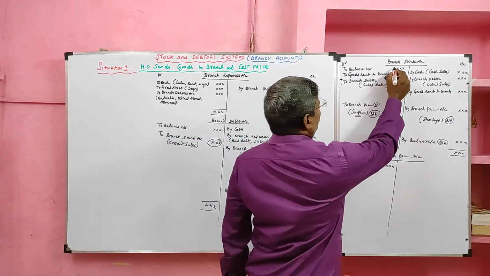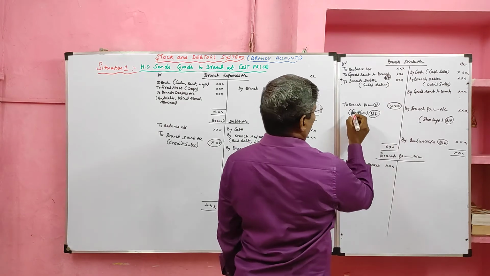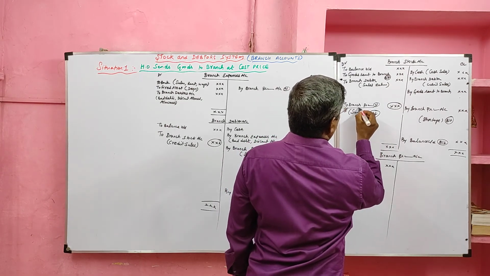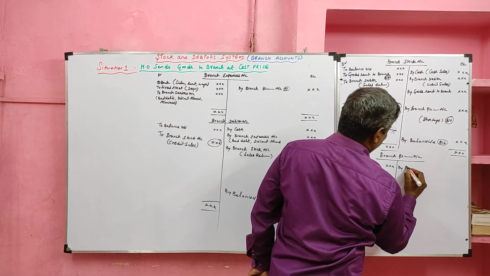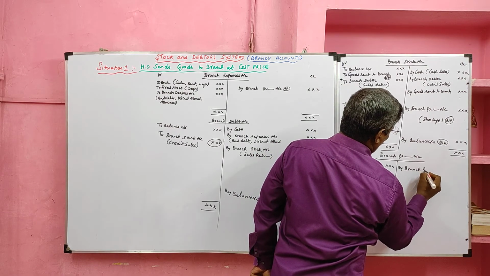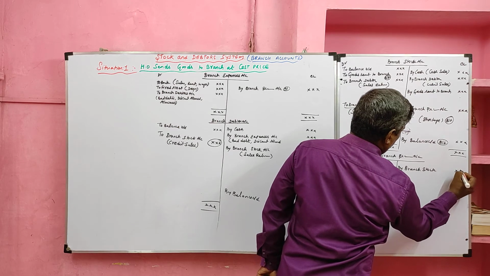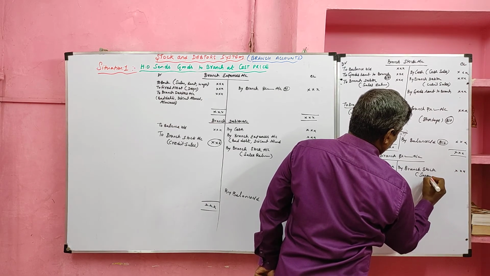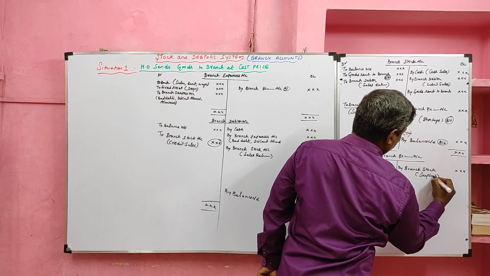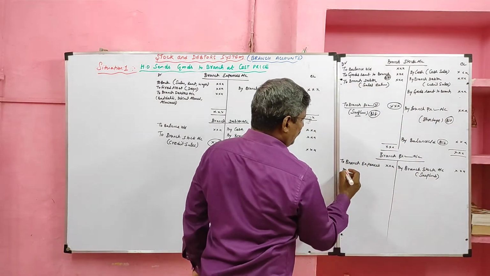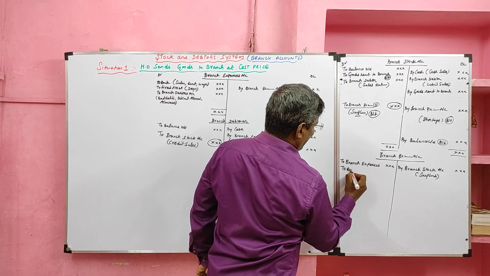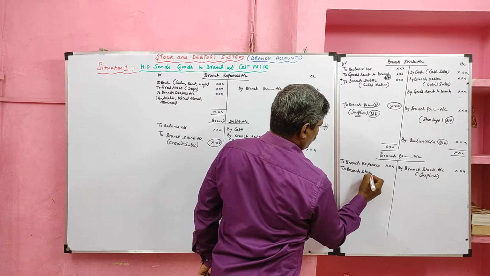Then we prepared branch stock account. Here we ascertained surplus. The surplus recorded in debit side there will be credited in branch profit and loss account as branch stock account. If it shows deficiency, it will be recorded in the debit side as branch stock account.